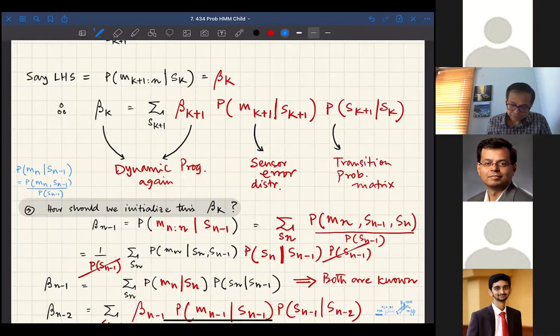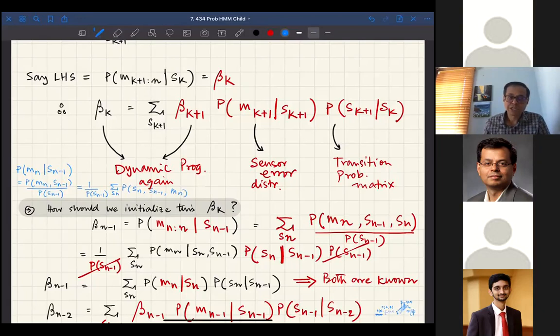Now, I can write the top part, the numerator, as a marginalization. Oh, yeah, absolutely. Then I can write that as one over P of Sn minus 1, sigma of P of Sn minus 1, Mn, and I marginalize over Sn.